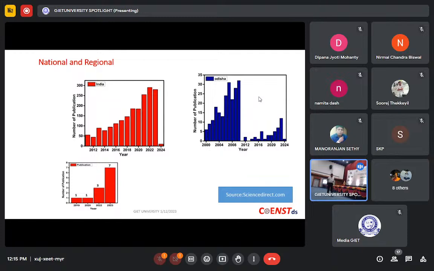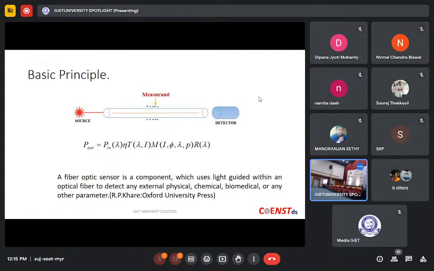Recently we had a meeting with the director, Naisar, IOP, IMT, and we are trying to have more people collaborate in fiber optic sensors, so that this research will increase maybe in the near future.